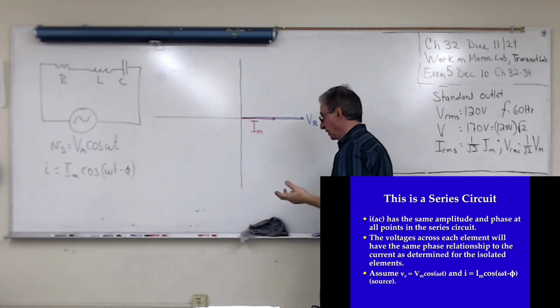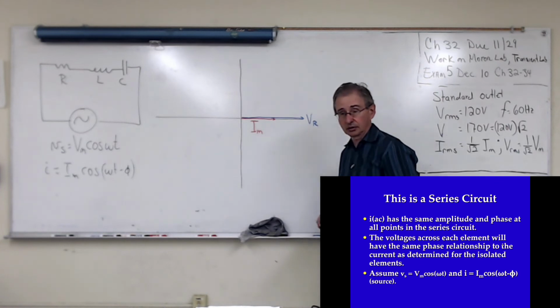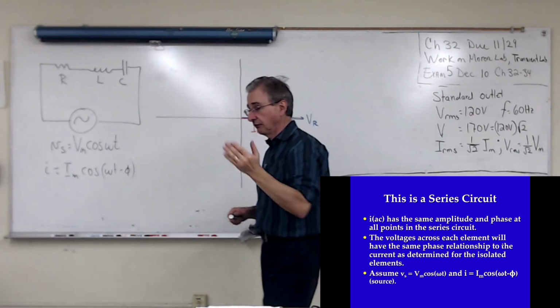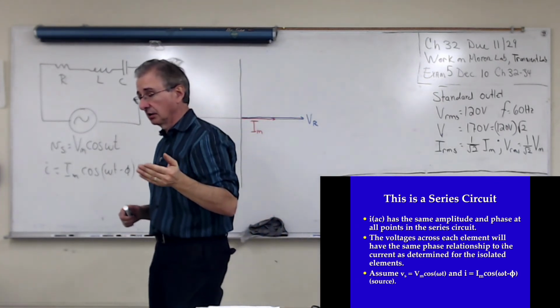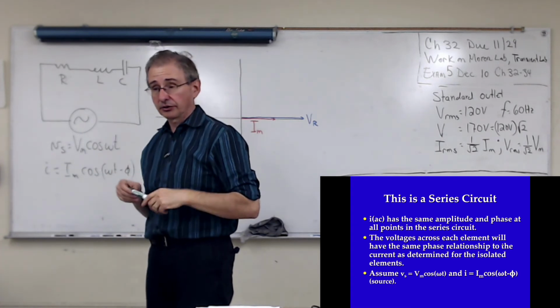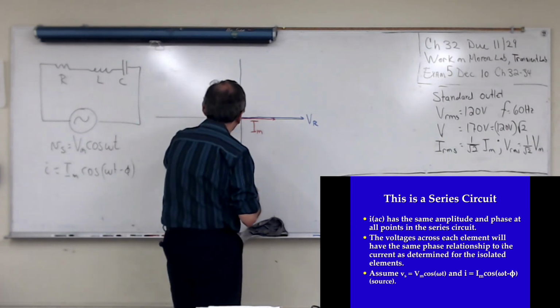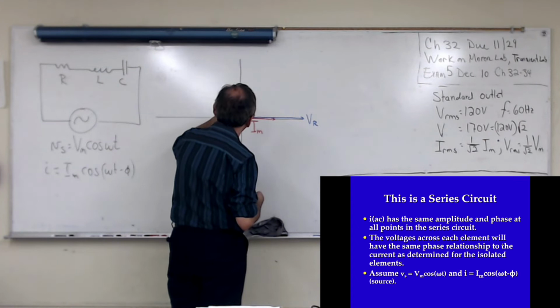What did we say about the inductor? The voltage across the inductor leads the current by 90 degrees. So let me draw that in. I'm going to use green again, sorry.